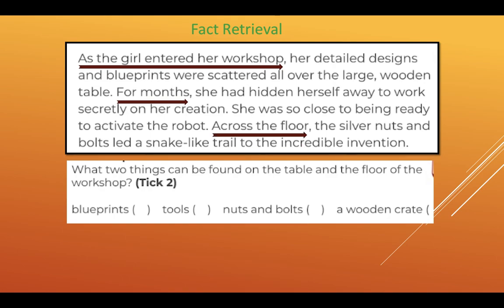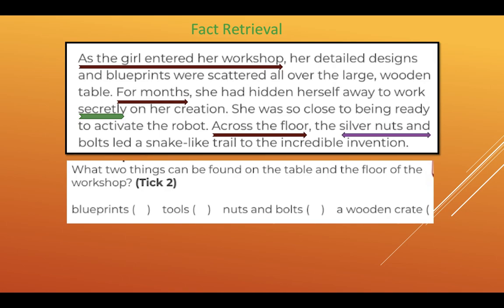Across the floor, comma, fronted adverbial. We have underlined in green, secretly. What group does that word belong to? Secretly. Yes, adjective. So you need to be thinking about these things as you read.